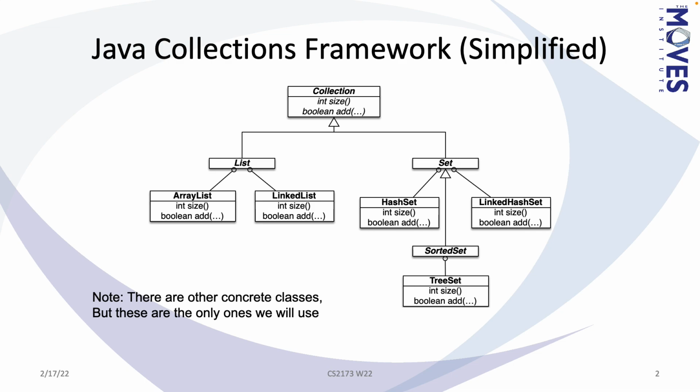The principle is to match the tool to the task. And as we saw yesterday, which version of the list that you choose can have a significant impact on your runtime. So that's why you need to be mindful of what the needs are in a particular program, and then match that to the appropriate data structure.